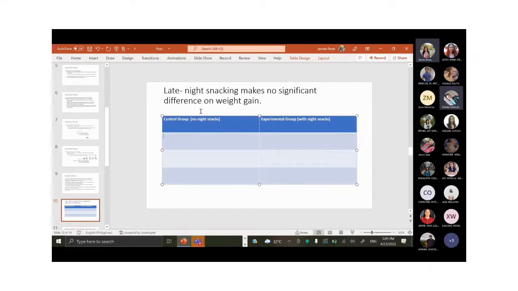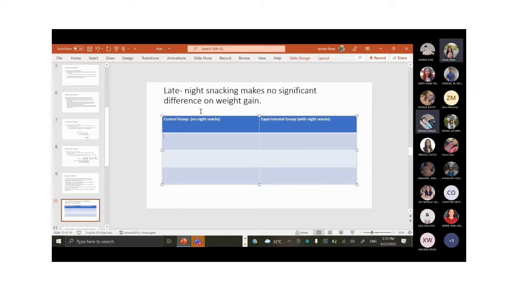And what is the dependent variable? Doc, yes. I think the independent is yung snack po and the dependent is yung weight. Okay, very good. That's good.